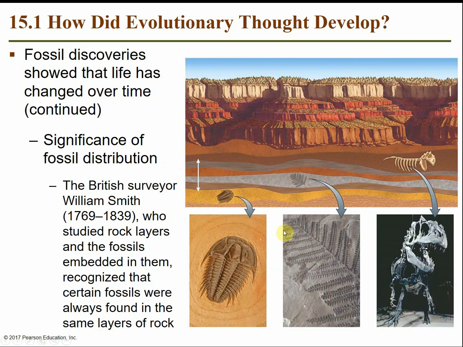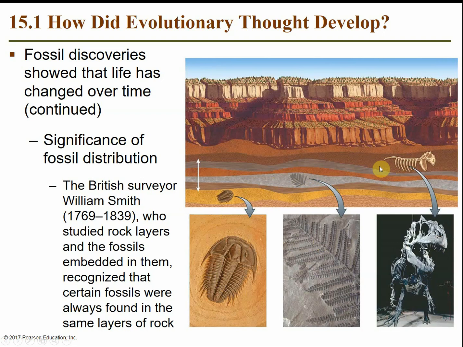So we can also look and see the gradual change in organisms throughout the layers. So the deepest layers, the oldest layers, would have these trilobites, these very primitive early type organisms. A little bit higher, we have this plant or this fern fossil. And then higher above that, we would have a dinosaur fossil.